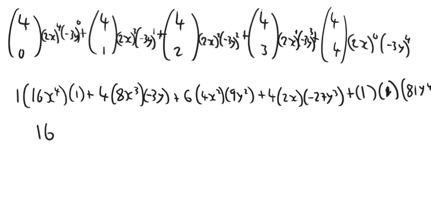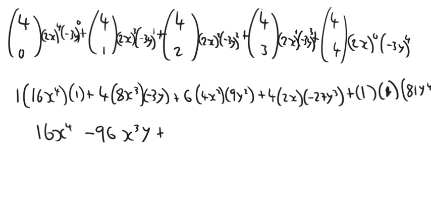Nearly done. So 16x to the power of 4 plus this would be minus 96. That's 4 times 8 times 3, and it's a minus 3. x cubed y. 6 times 4 times 9 will be 216.